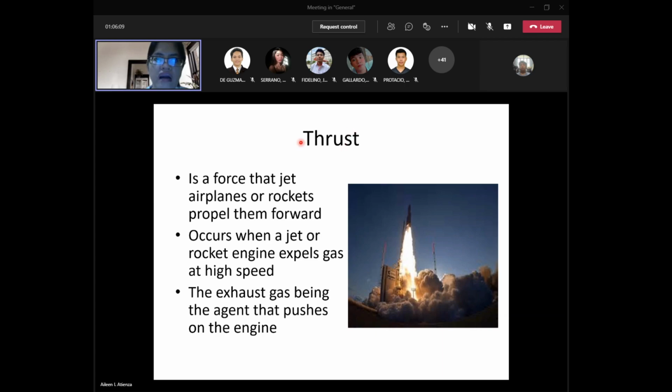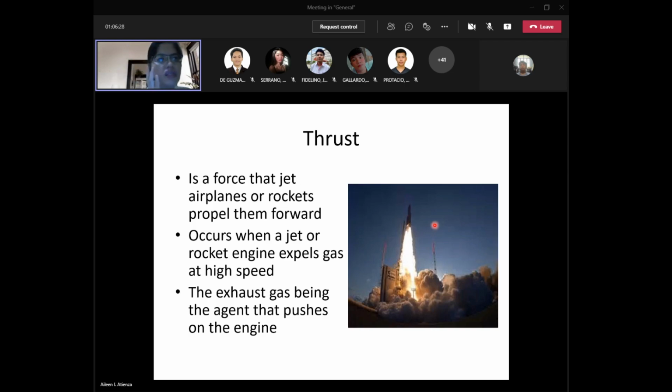And then, we have the thrust. Okay? This is a force that propels jets, airplanes, or rockets forward. So, ma'am, to gain momentum, where does a jet get it from?